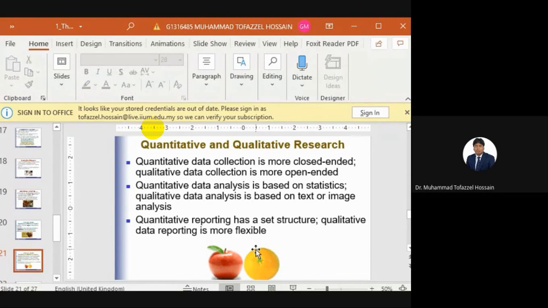Then the third approach may be that the area is chosen. Out of 10 areas, you can choose any of the areas, and after that, under that specific area, another box is given to write your problems in detail.